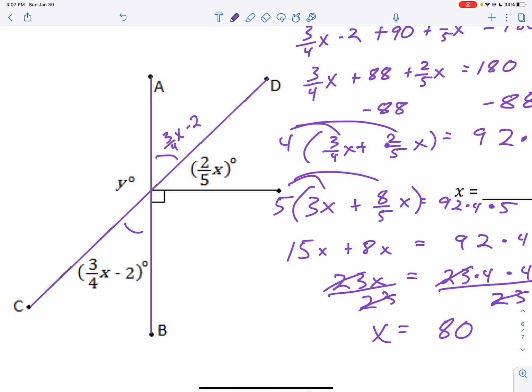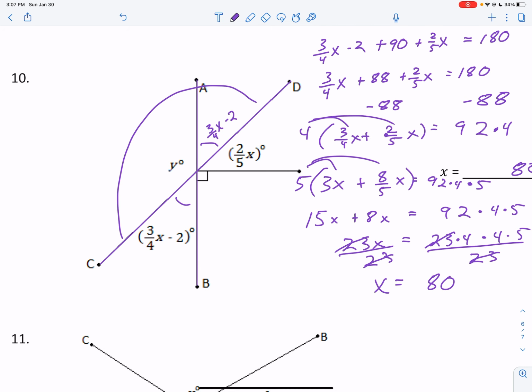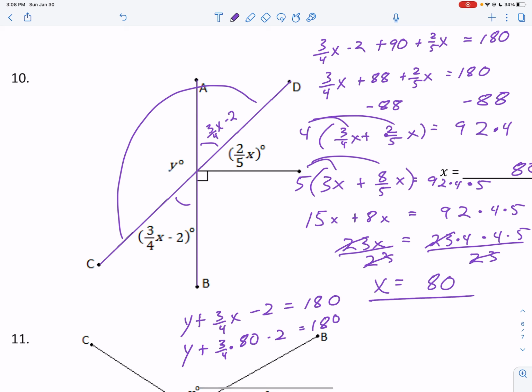Now, when we want to figure out y, we just need to do this plus that equals 180 and then plug our numbers in. So y plus 3 over 4x minus 2 equals 180. So y plus 3/4 times 80, because I'm just replacing x with what it's equal to.